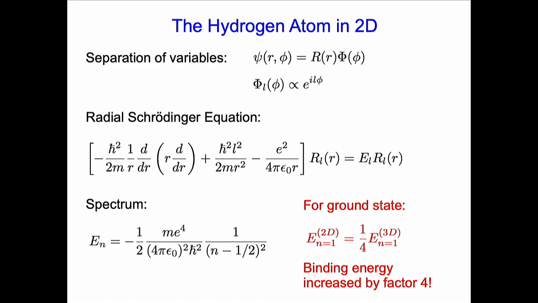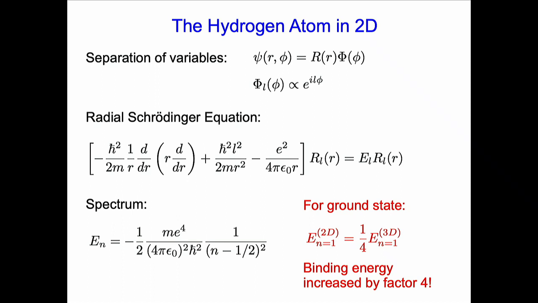So doing math at night is difficult. So the binding energy of the two-dimensional hydrogen is 4 times the binding energy of three-dimensional hydrogen. So instead of 13.6 electron volt, you would be at more than 50 electron volts binding energy. So it's increased by a factor of 4.